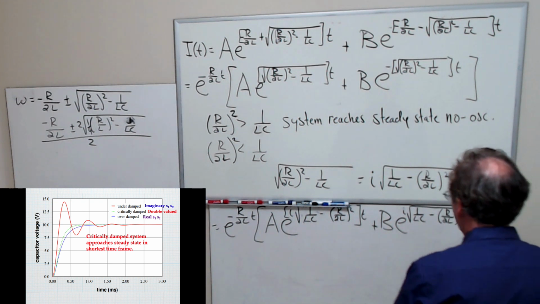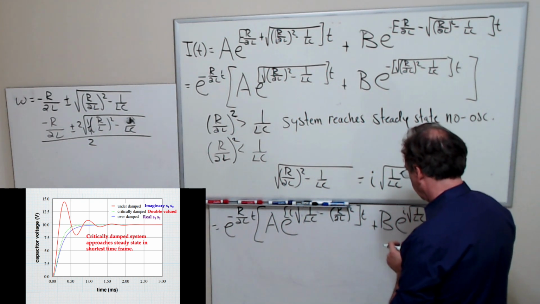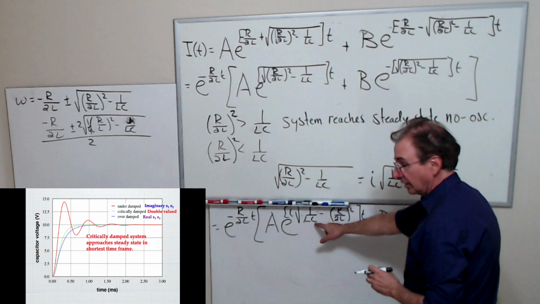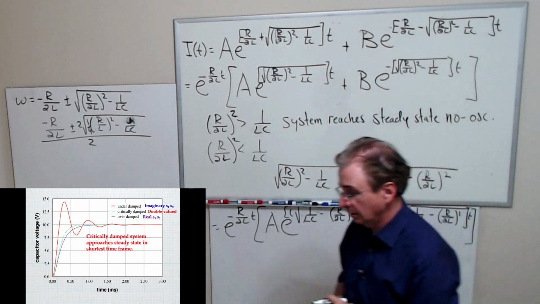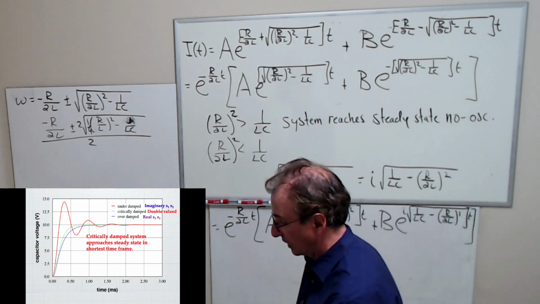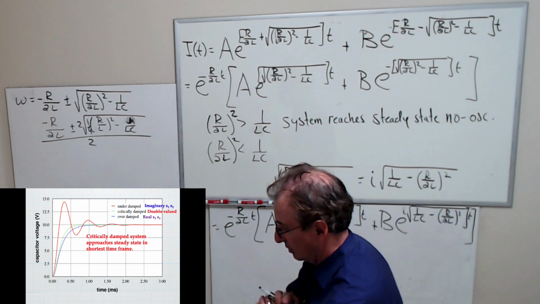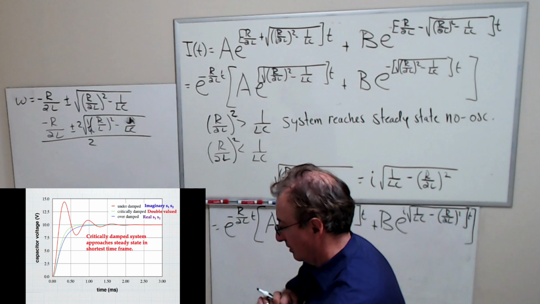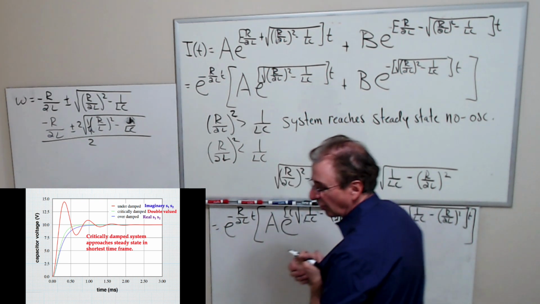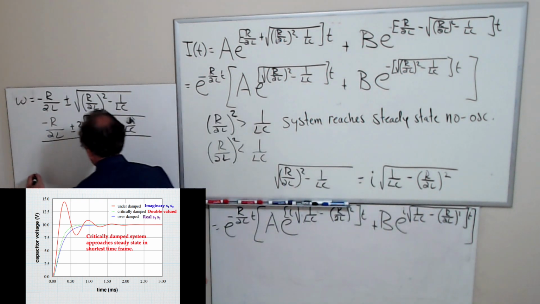Okay, so what are these then? What do they represent? You got to remember, and you might not know Euler's formula. I mean, Euler's formula is this.